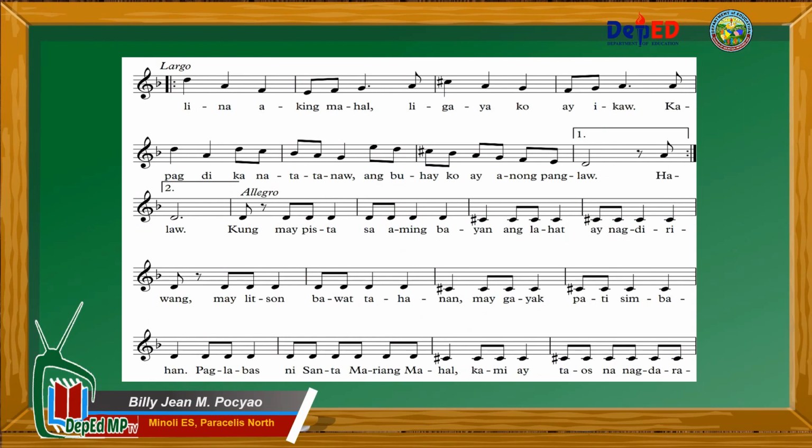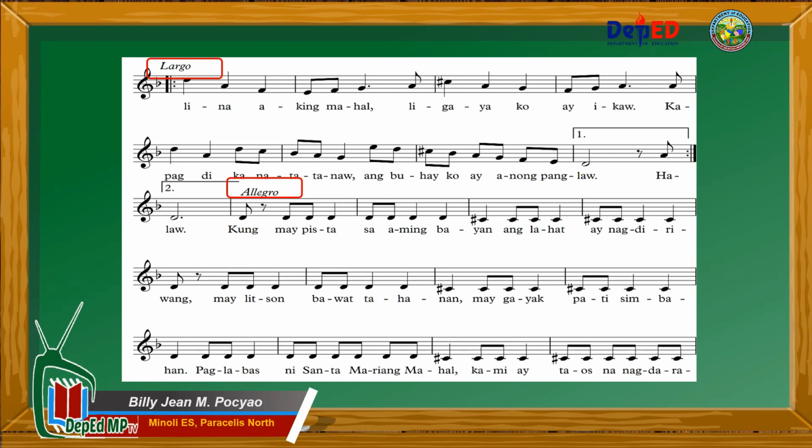There are other tempo marks found in the song. Let's see if you notice them. We can see here the tempo marks for largo and allegro. This implies that the singer will sing the song in a very slow manner, starting halina up to anong panglaw because of the tempo marks largo.